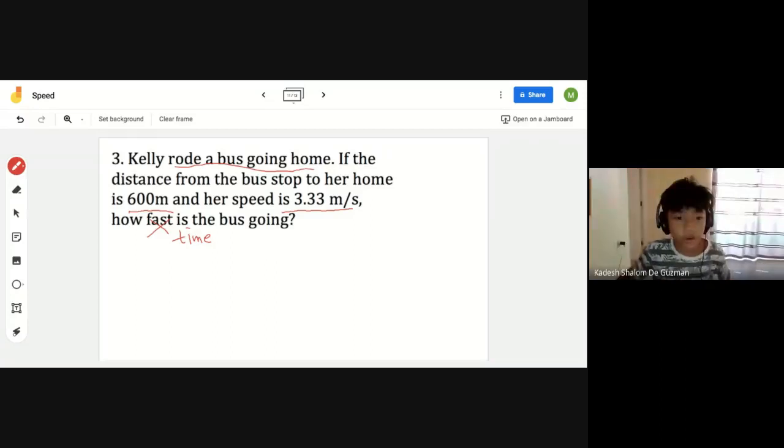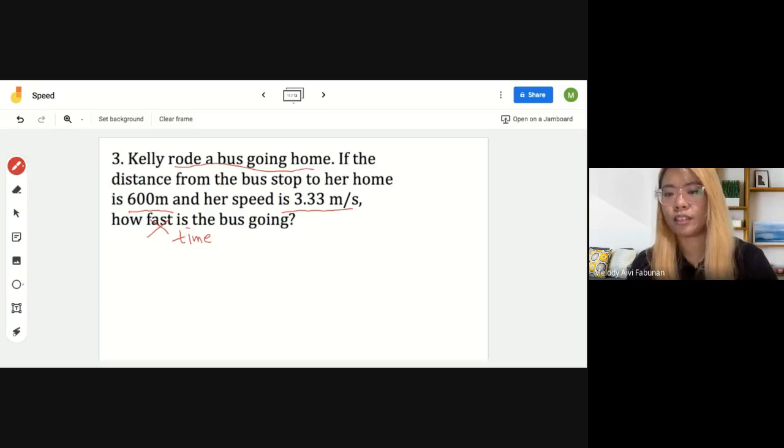Time yung hinahanap. Time. Okay, so meron lang sagot si Gian, si Leonard, si Kadesh, si Reynald, si Danstan.